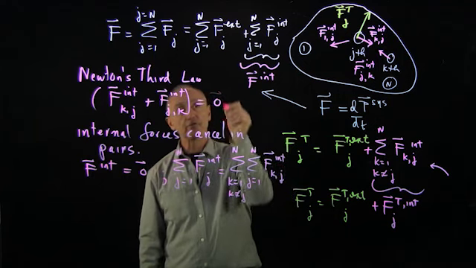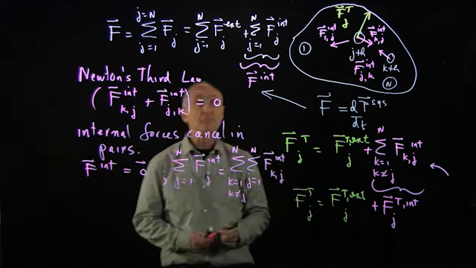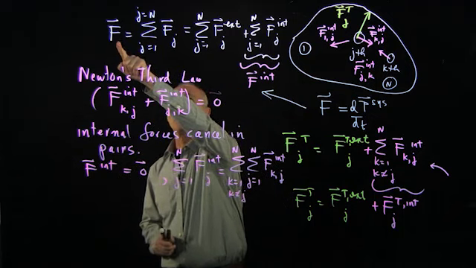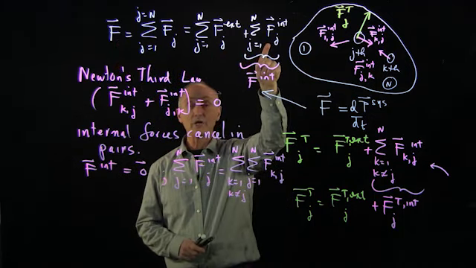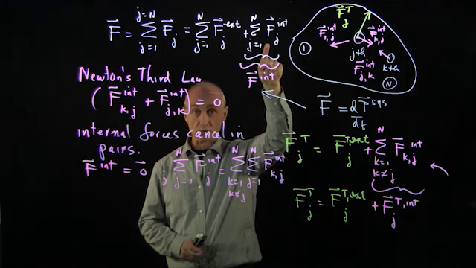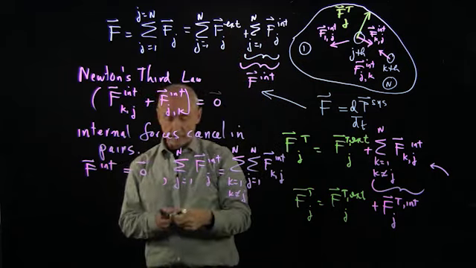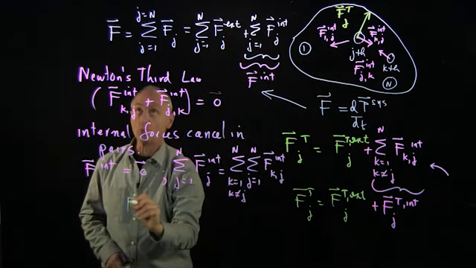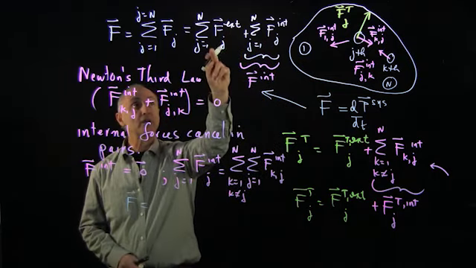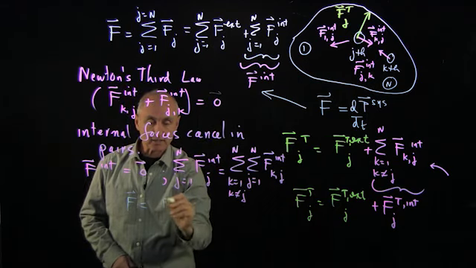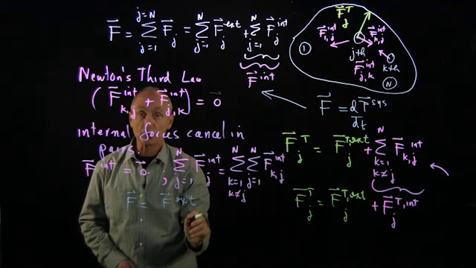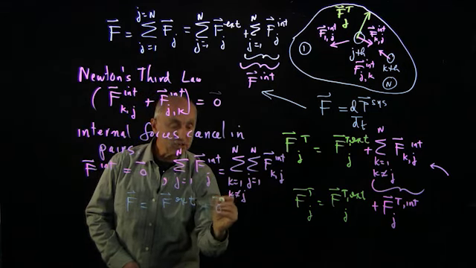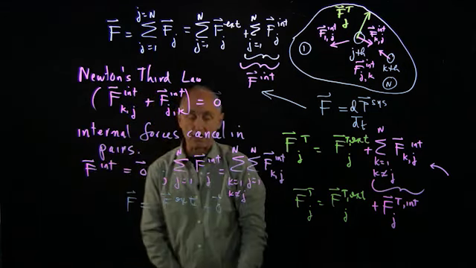So what we have for our statement now is that the total force is the sum of the external forces plus the sum of the internal forces, which we now said cancels in pairs. So let's rewrite that as the total force: the sum of the external forces, since the internal forces cancel in pairs.